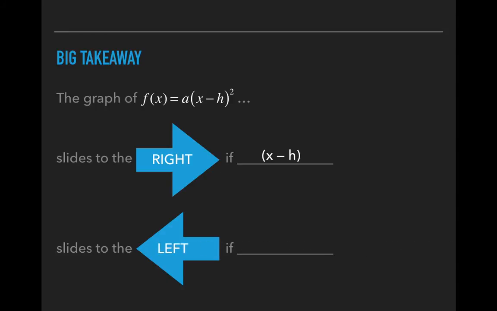It will slide to the left if it is x plus some h value, and it's going to slide the number that is h. So if h was 2, it's going to slide 2 to the left there. Okay?